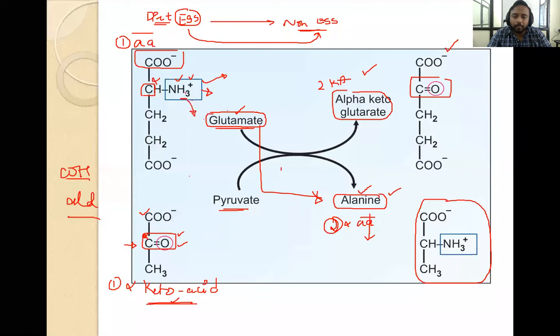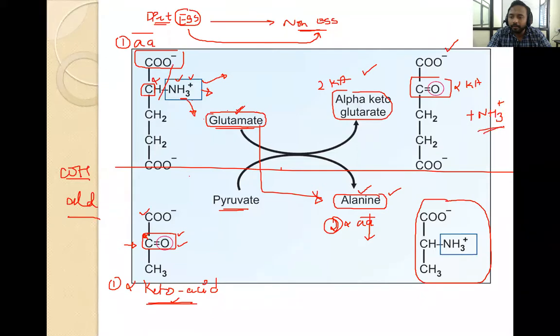It removes the ammonia group to form a keto acid. You don't look at the below one. If you see only the above portion, the glutamic acid or glutamate is deaminated. It is removing the amino group to form an alpha keto acid plus ammonia. That is called the deamination reaction.